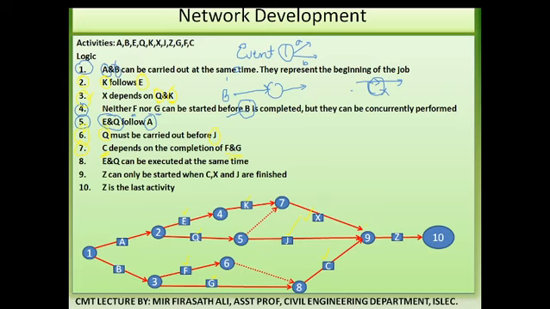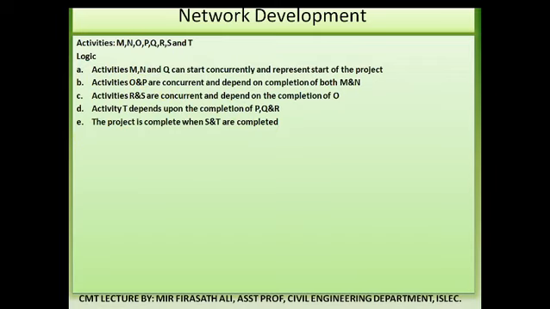Now let us see the next problem. What all is given? Activities M, N, O, P, Q, R, S, T are given. We need to create a logical diagram with the following interrelationships.